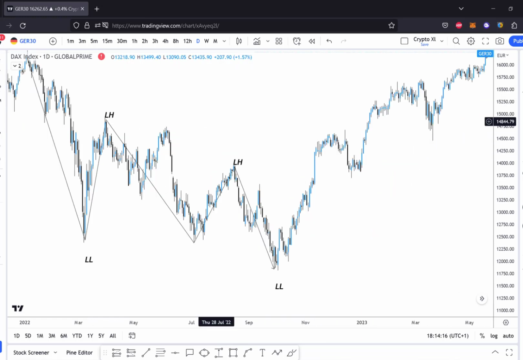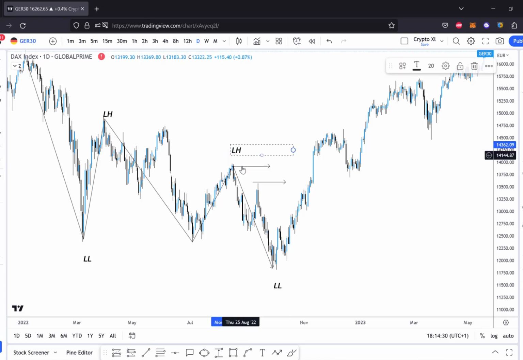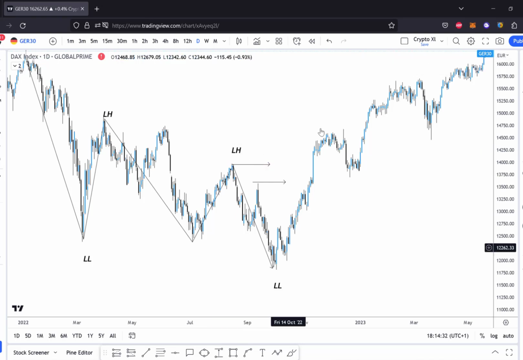And once we break this last low or this bigger high, sorry, this high and this bigger high, we will find that the market has changed. Now we are in a bullish trend.